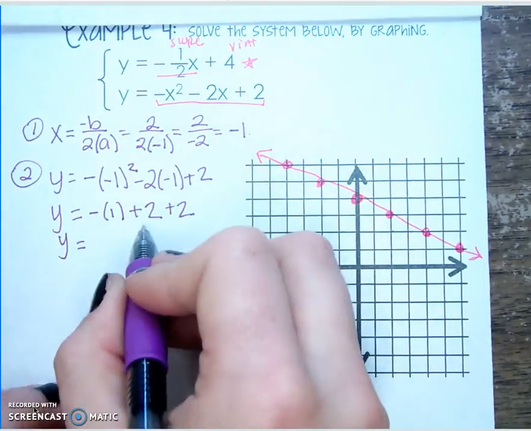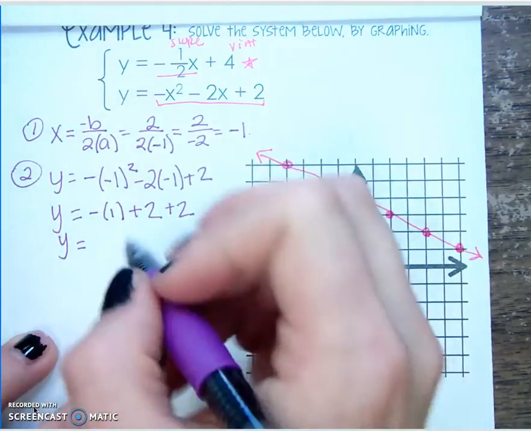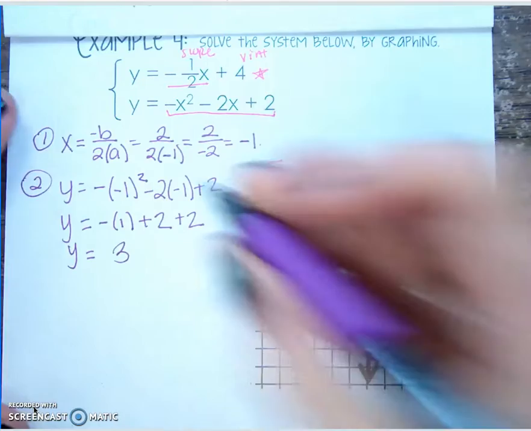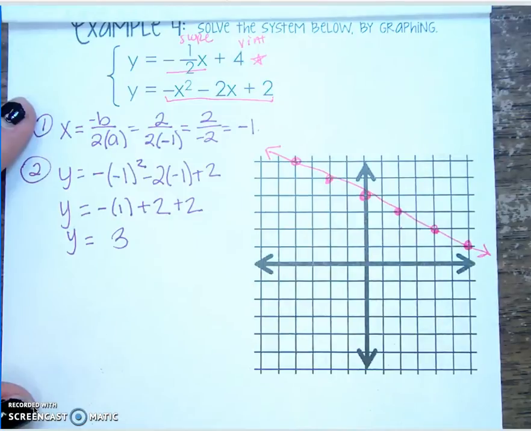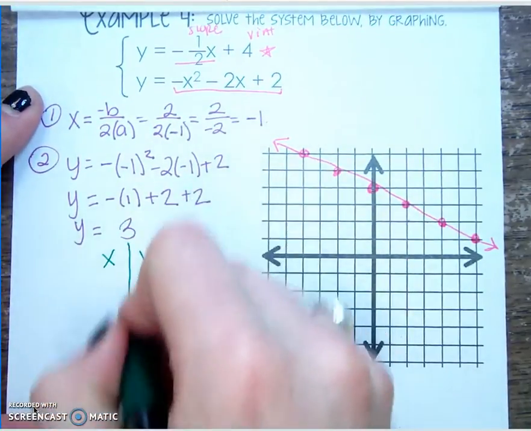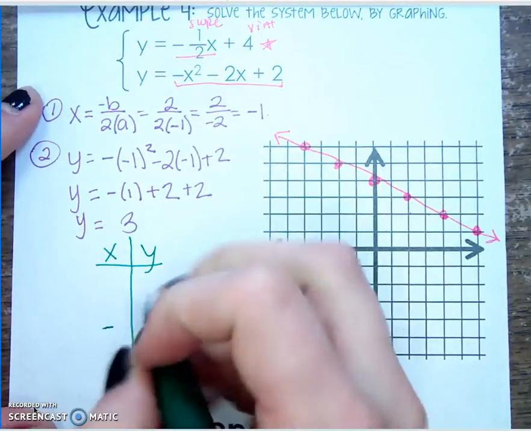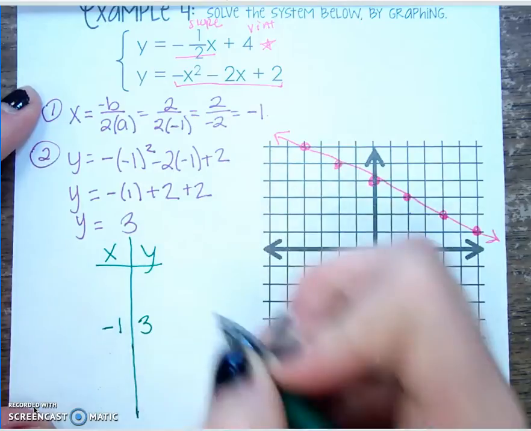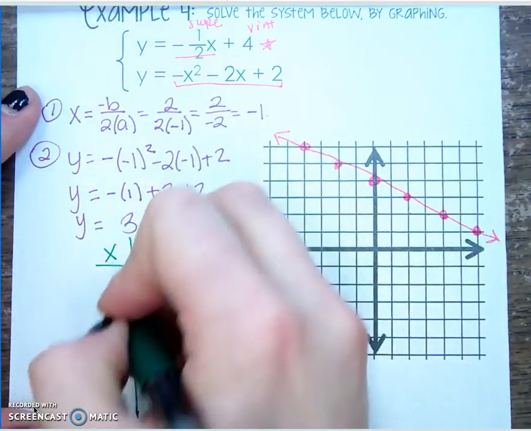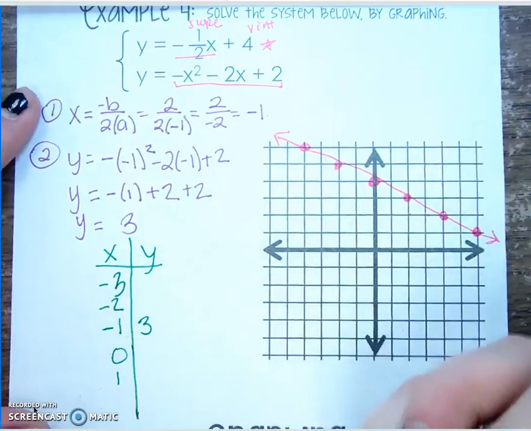So negative 1 plus 2 is 1, plus 2 more is 3. And go ahead and set up your x and y table, putting that vertex somewhere in the middle. And I'm going to go 2 points below it and 2 points above it.